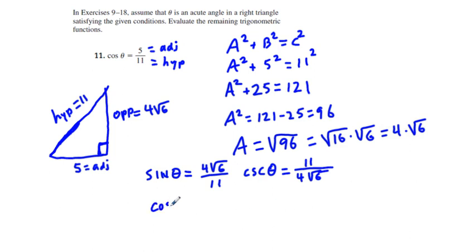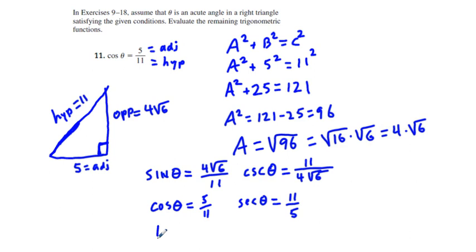Our cosine theta is going to be equal to our adjacent over hypotenuse, which is going to be 5/11ths, and our secant theta is our reciprocal over cosine, which is 11/5ths.